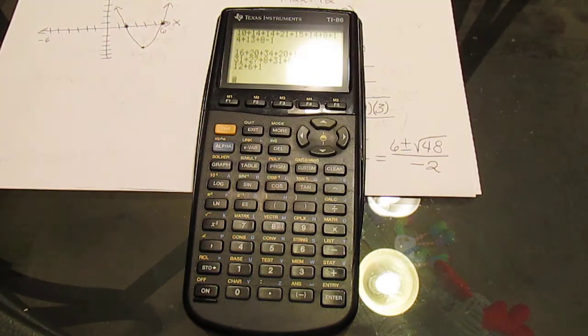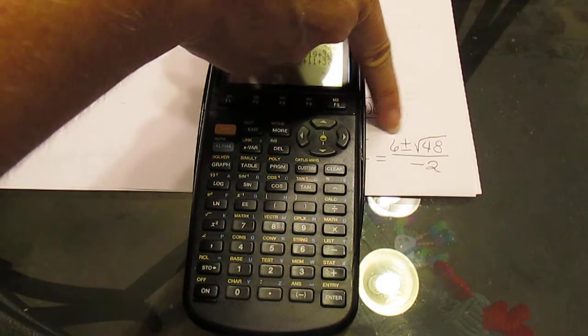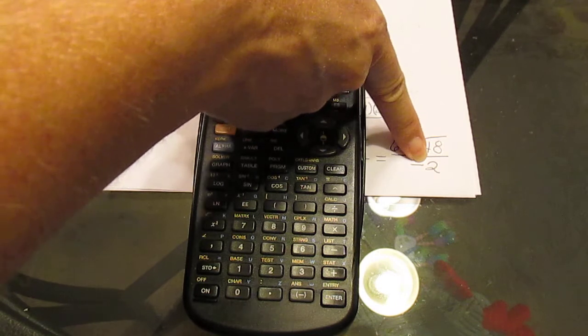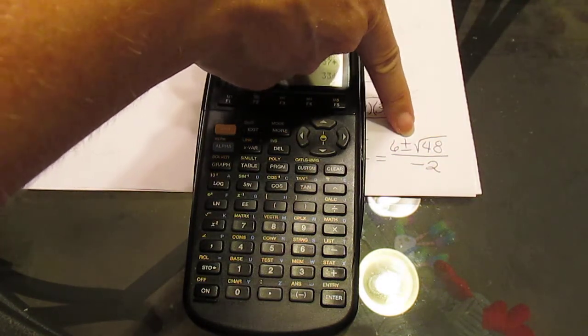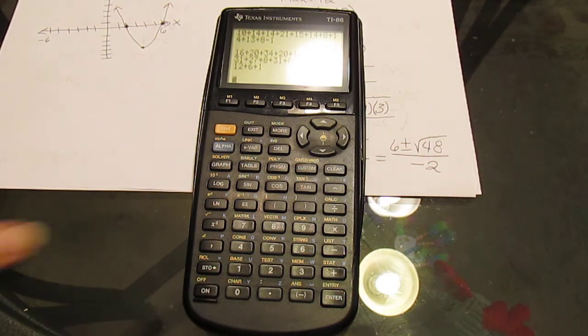If you want to put it in your calculator with parentheses, go ahead and do that. I like to just do it top and then just divide by the -2. So you've got two different problems here. You've got 6 plus square root of 48 divided by -2, and you've got 6 minus square root of 48 divided by -2. So I'll just do the plus first.